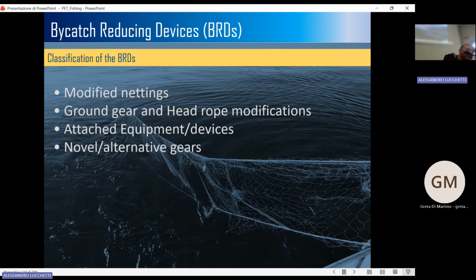Let's think about it, it's quite difficult, obviously. We try to insert, for instance, in some fisheries, completely different types of pots instead of passive nets. But fishers need to digest the big change.